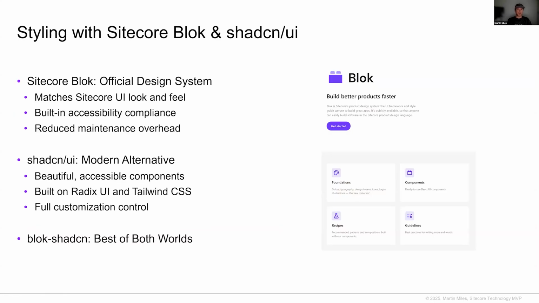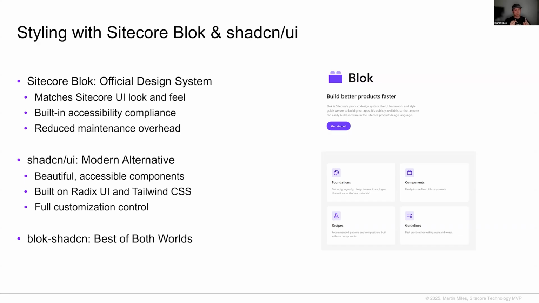And speaking about Shadcn, of course, you want your app to look good and feel like a natural part of Sitecore UI, don't you? That's where design systems come in. Let me tell you about the options. You can use Sitecore Blok and Shadcn. Sitecore Blok is the official design system for the Sitecore product ecosystem.